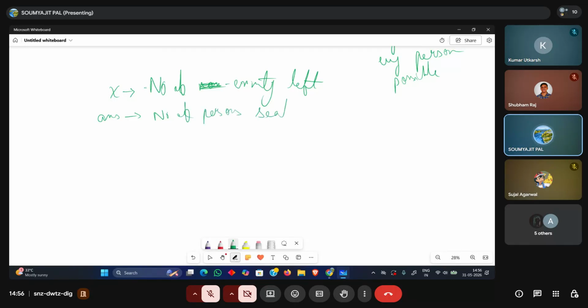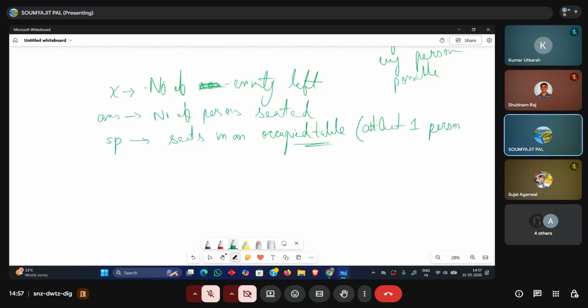And another thing is SP. This SP means seats in an occupied table. That means in that table, at least one person is already seated.